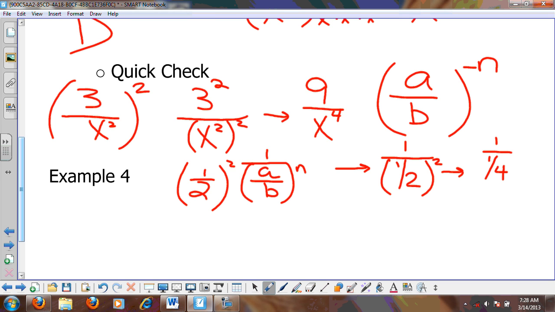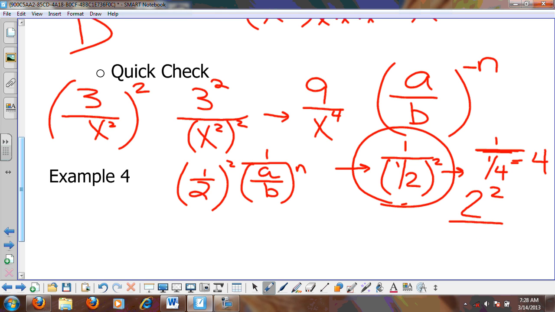Okay, if you were to do that on your calculator, 1 divided by 1/4, you would find out that that is 4. So essentially what has happened is this has become the reciprocal of that.